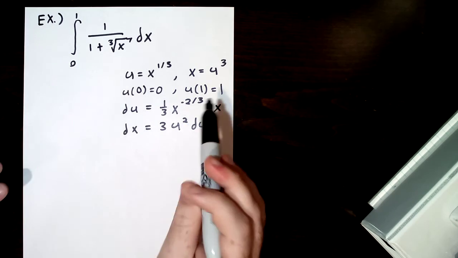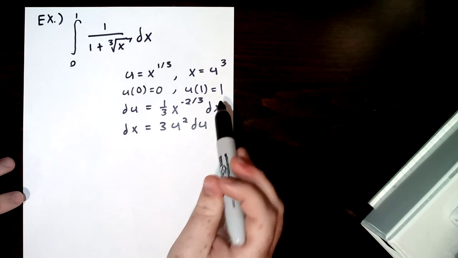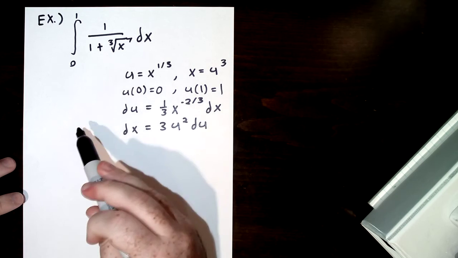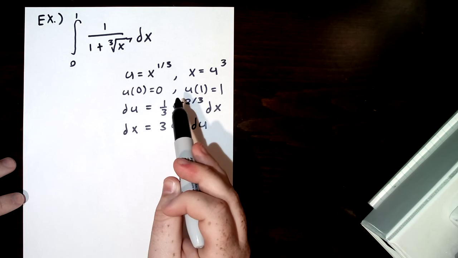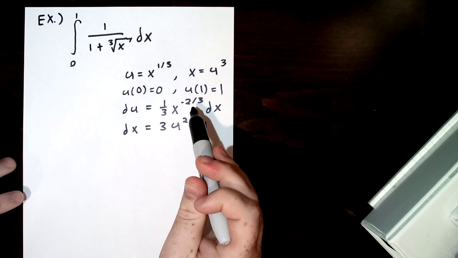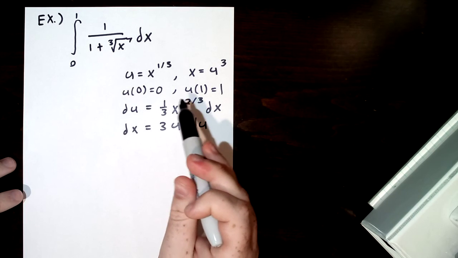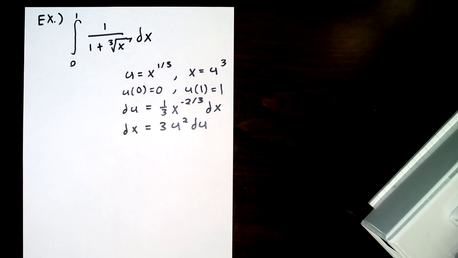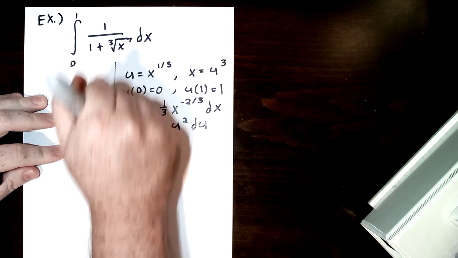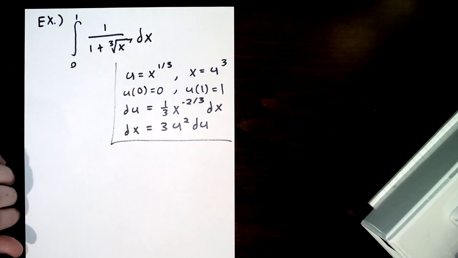Sorry for the confusion there. So we would multiply that. So we would have x to the 2/3, and then remembering that x is equal to u cubed, x to the 2/3 is equal to u squared, and that becomes 3u squared. There we go. That's our side work, so I'll set that aside here.